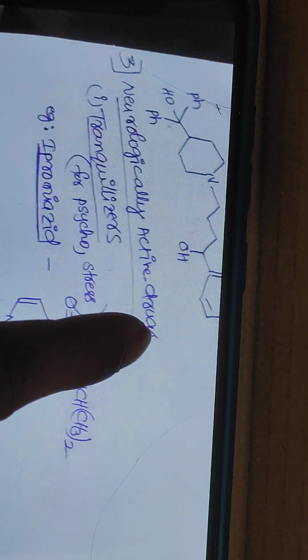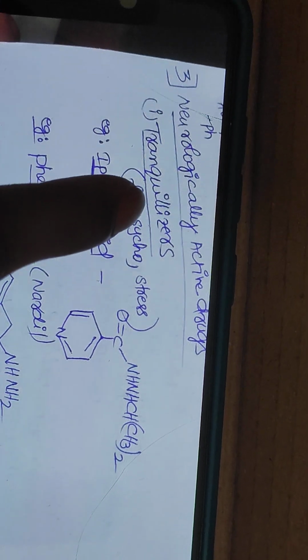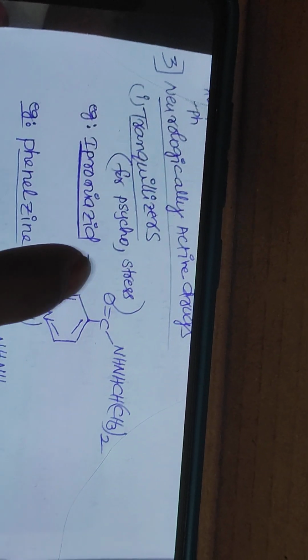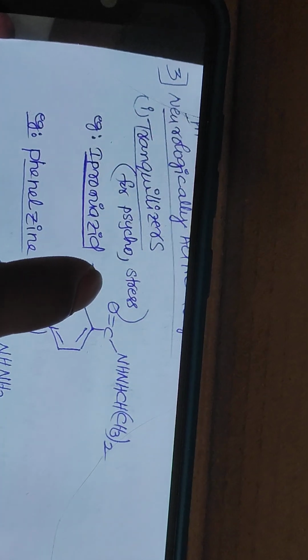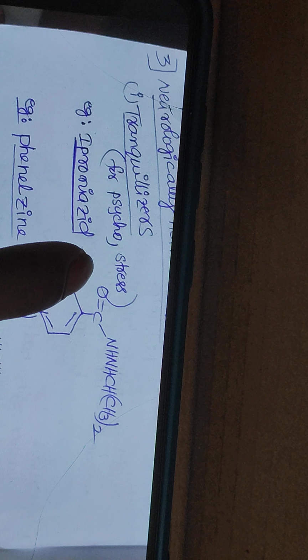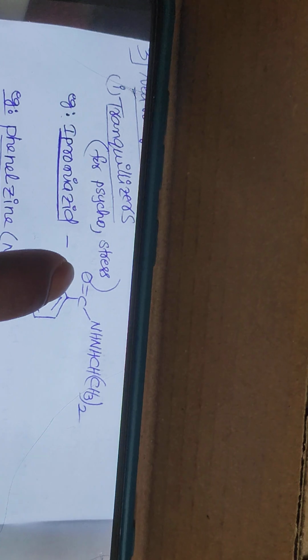Next, neurologically active drugs. Examples are tranquilizers. Tranquilizers are mainly used for those who have psychotic or stress nature. To reduce psychotic and stress nature, we use drugs called tranquilizers.